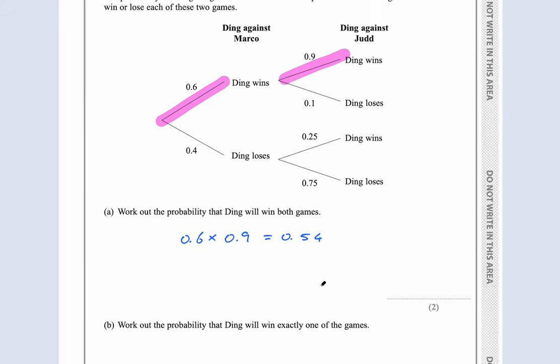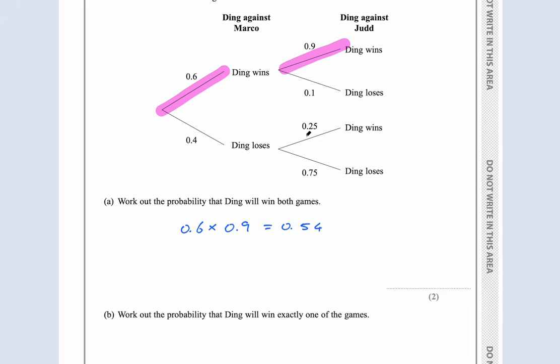Part B. Work out the probability that he will win exactly one of the games. Now, exactly one means he has to, let me just erase this, guys. If he's going to win exactly one, then he is going to have to win the first one and then lose.